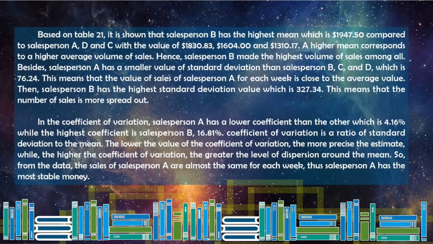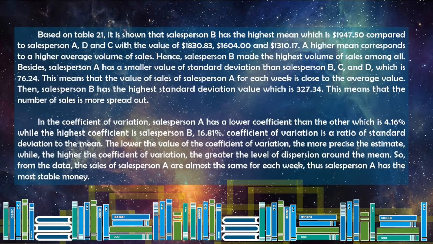Besides, salesperson A has a smaller standard deviation than the others, which is 76.24. This means that the value of sales of salesperson A for each week is close to the average value. Then salesperson B has the highest standard deviation, which is 327.34.